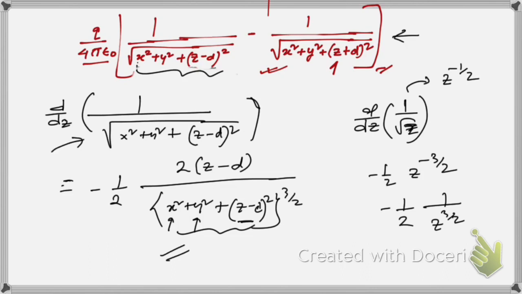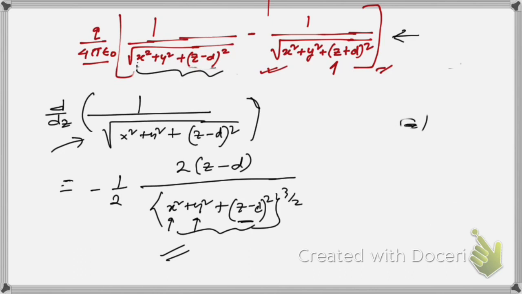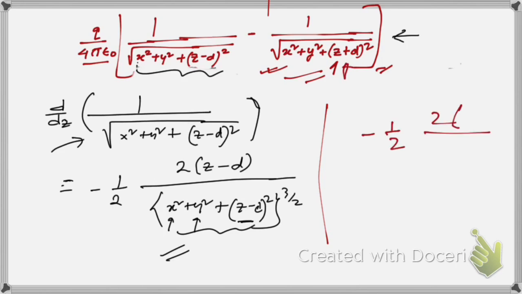So similarly, if you differentiate this part, then you should get minus half 2. Here we have z plus d, so x square plus y square plus z plus d whole square, that's what you will get, then whole to the power 3 by 2.